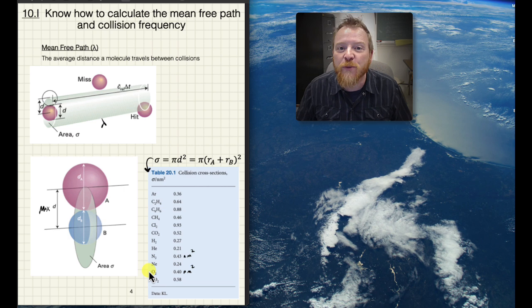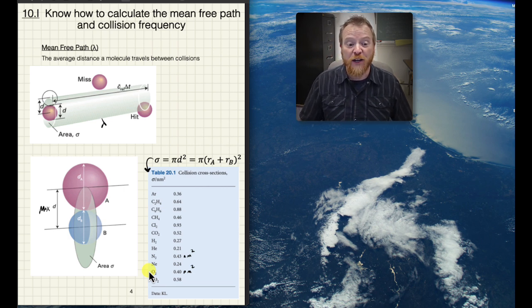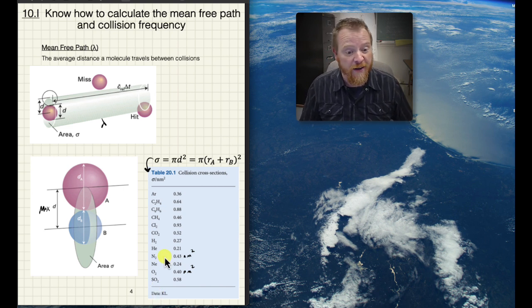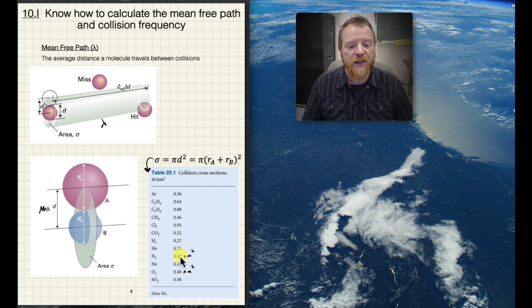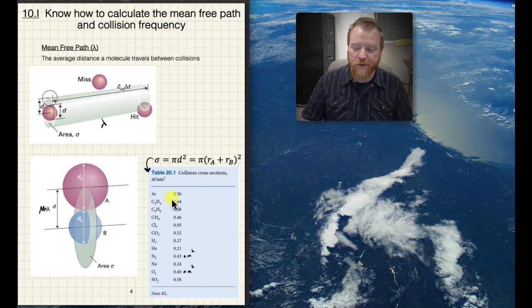In reality, if we think about the actual atmosphere, some of those collisions will be nitrogen-nitrogen, some will be oxygen and oxygen, and some will be nitrogen and oxygen collisions. So we'd have to come up with some average between 0.43 and 0.40 based on the 80-20 ratio of oxygen and nitrogen in the atmosphere. Okay.